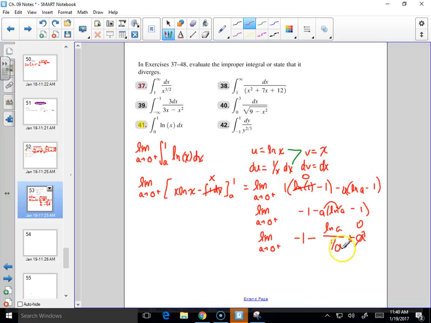So now we can take the derivative of the top and the derivative of the bottom. We'll end up with negative 1 minus, because that's just a constant, the derivative of the top is 1 over a. Derivative of the bottom is negative, which makes this guy positive, 1 over a squared. We can multiply top and bottom by a squared.